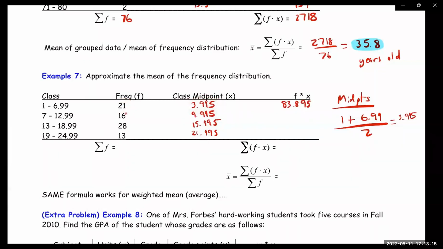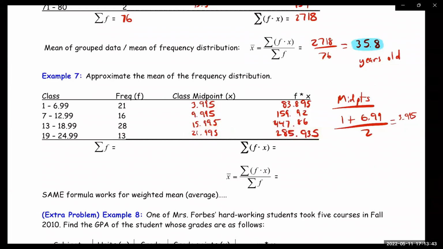And if you do that for the rest of them, this 16 times this number, you're going to get 159.92. The next one's going to be 447.86, 285.935. So I just multiplied this times this, and that's how I got that.